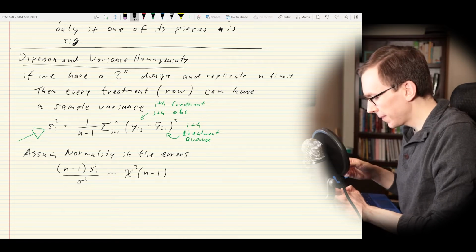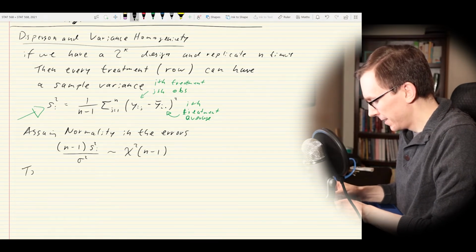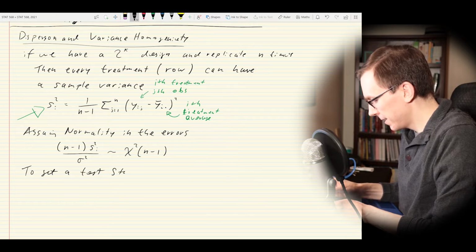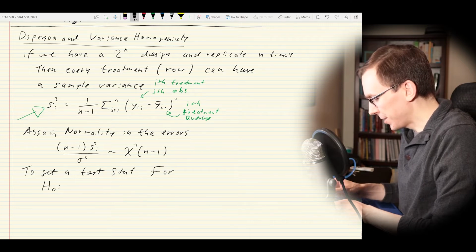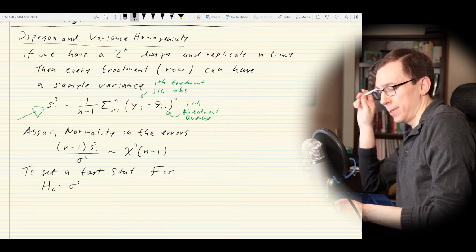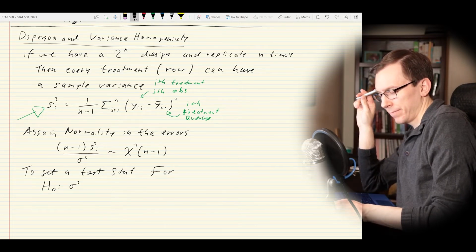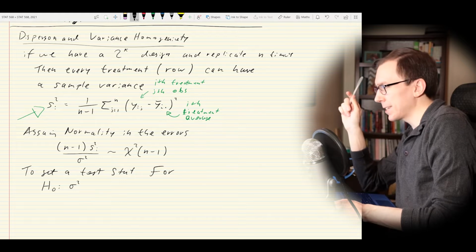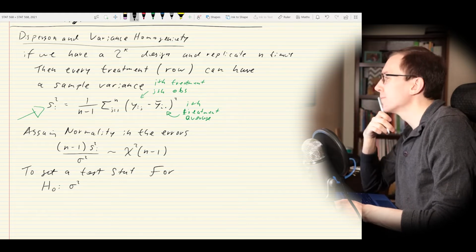Well, it's always good to write down your hypothesis test. I should do that first. Do I want sigma squared here? Sigma squared, I actually don't want.